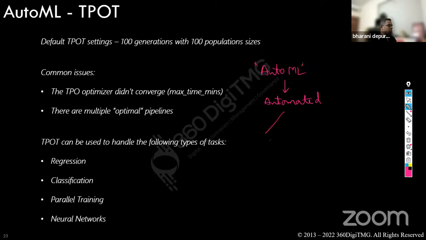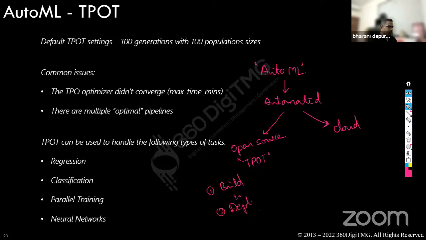And then we also discussed that we have open source tools and cloud-based tools. When it comes to open source, we thought about understanding TPOT and the finer nuances of TPOT. What we also intend to do is build a model and also deploy the model.